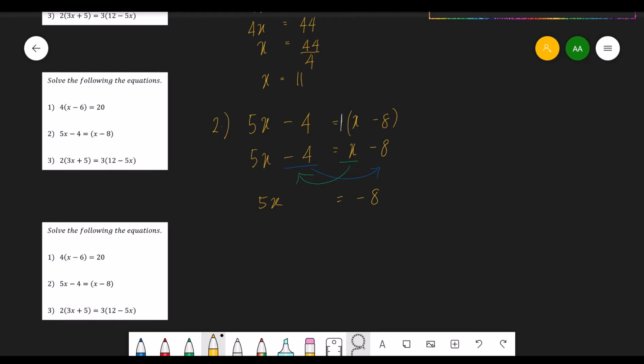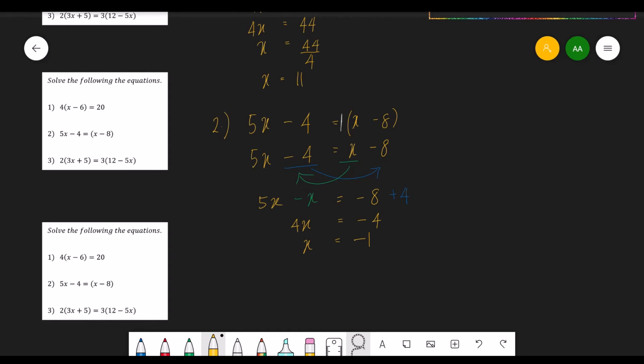What happens to x is it becomes a negative x. What happens to negative 4? It becomes a plus 4. There's a change already. So we simplify the left and right hand side. We have 4x equals to negative 4, right? So in the end, x equals to negative 4 divided by 4 equals to negative 1. So this is our answer.